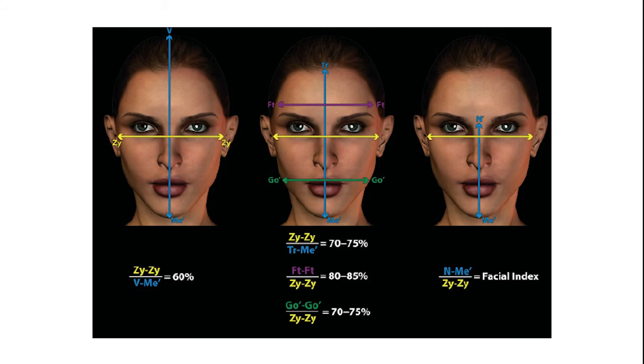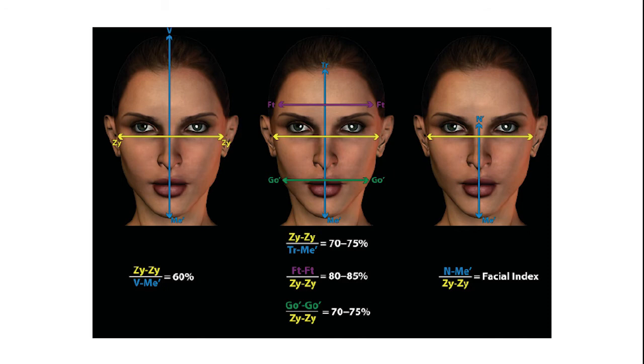Finally, the morphological facial height or face height, nasion to menton, to facial width, zygion to zygion. This is otherwise known as the facial index. The facial index, index facialis, or index of the morphological face height, is a numerical expression of the ratio between the facial height, that is nasion to menton, and the bizygomatic facial width, zygion to zygion, of a living person.